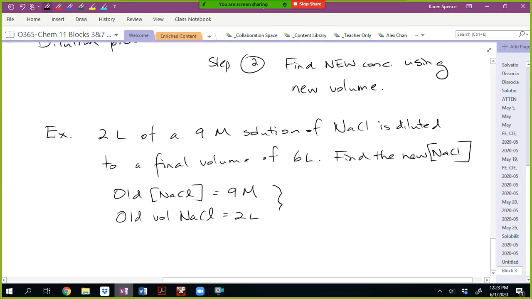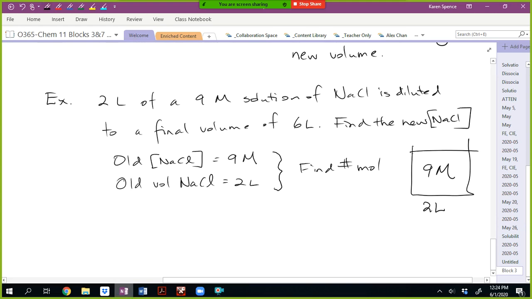So let's use that information to find the moles of sodium chloride. And if this is our beaker, here we have 2 liters, 9 molar, and we want to know how many moles are in that beaker. This is step 1.